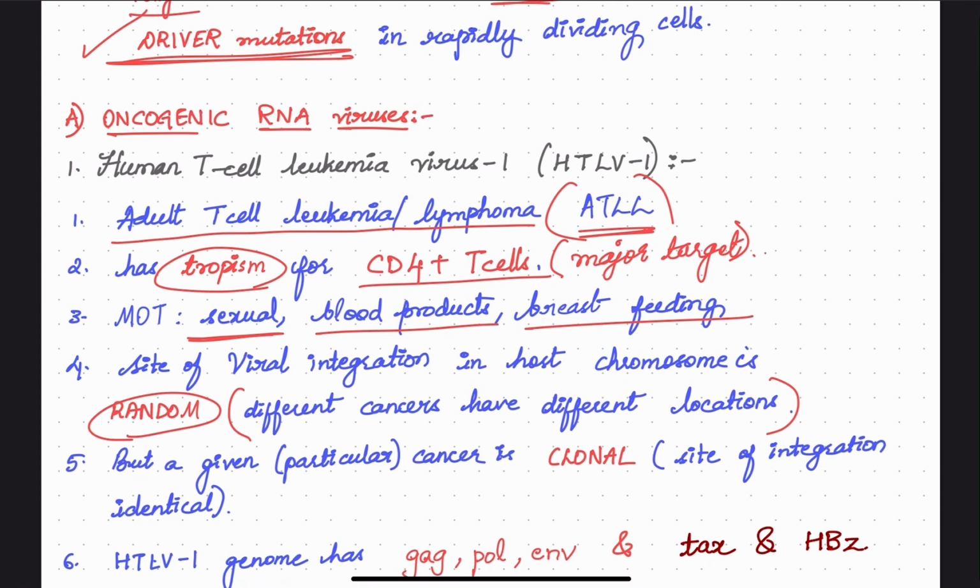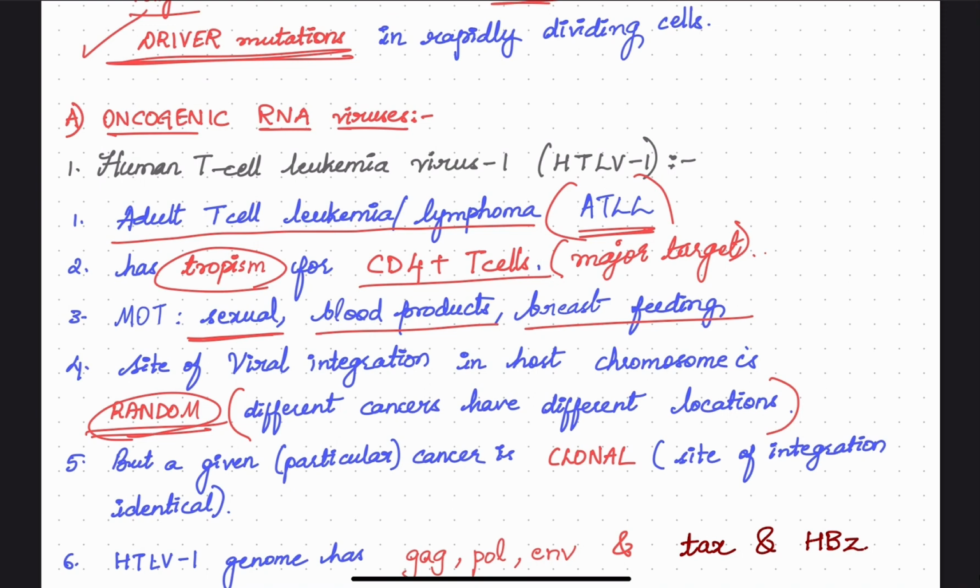Suppose there is a cancer X. In cancer X, the tumor cells have the integration of the viral genome into the host genome at a particular location. In cancer Y, this site is different. In cancer Z, the site of viral integration is different. This is said to be random viral integration.